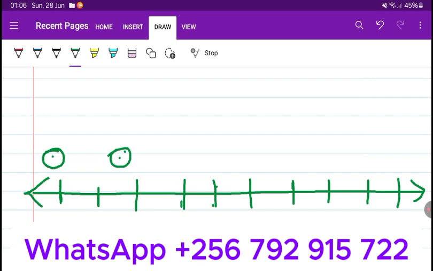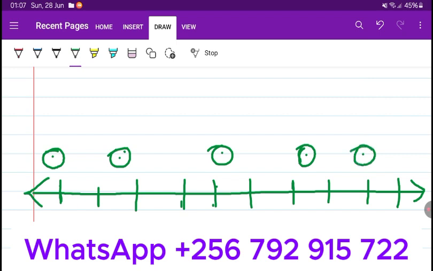Then they go to the median, maybe it's in the middle here. Then they go to the upper quartile, and maybe it's around there. Then finally they conclude with the maximum value, maybe it's around there.